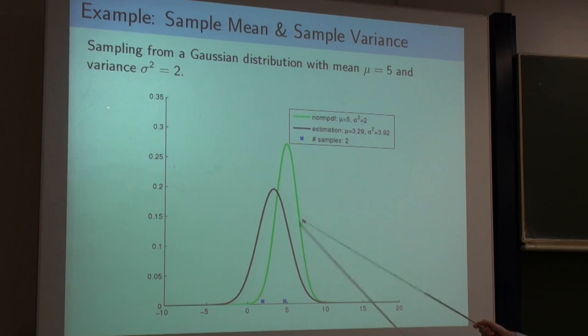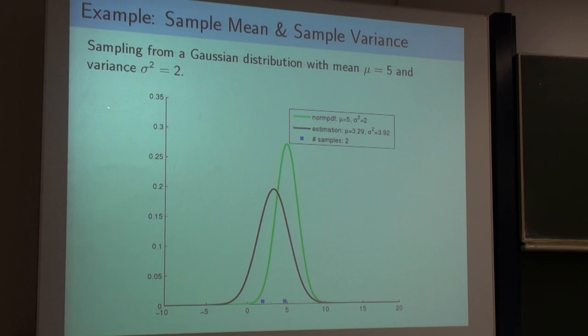We don't know where these data points come from, but we now estimate, what does estimation mean? We estimate the mean and the variance. And you see, it's not difficult estimating such a normal distribution. What you need to know is the mean and the variance.